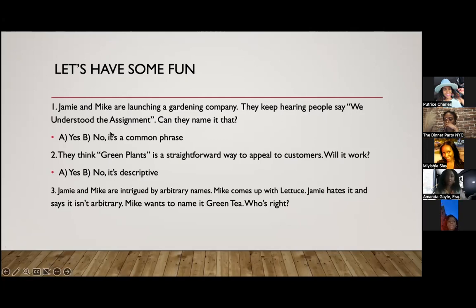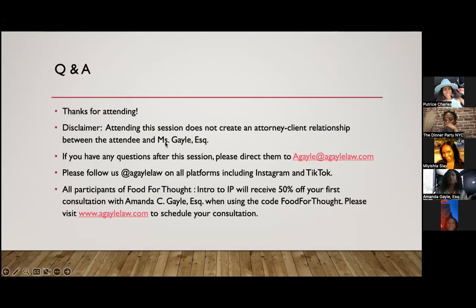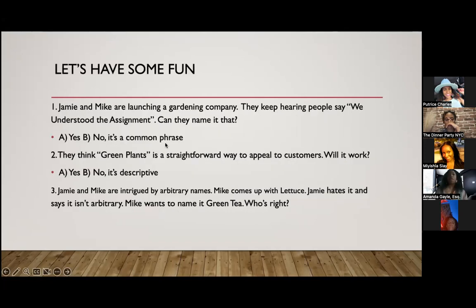So number 1 is Jamie and Mike are launching a gardening company. They keep hearing people say, we understood the assignment. Can they name the gardening company? We understood the assignment.